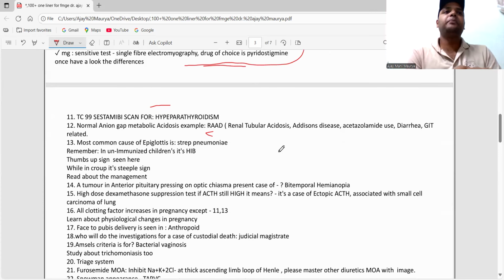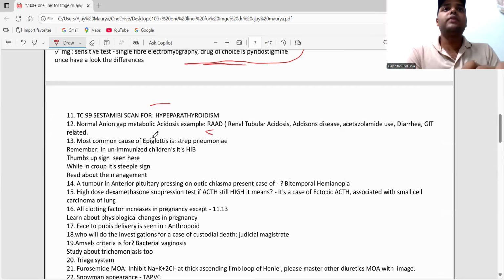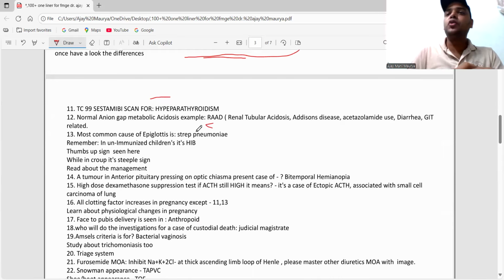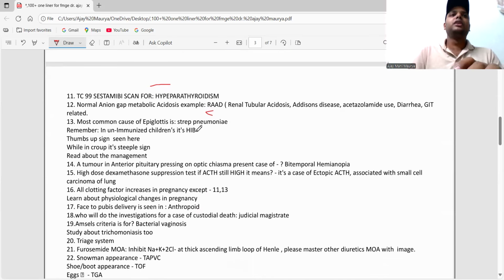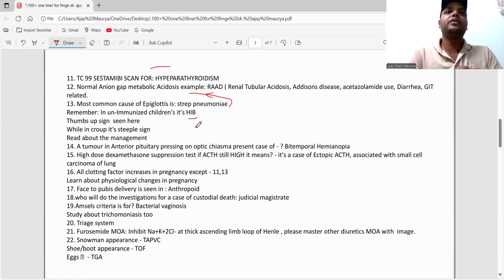Okay. Next one is the most common cause of epiglottitis, which is Streptococcus pneumoniae. You have to read the question very clearly to see whether the patient is already immunized or not. If the child is unimmunized, then you have to go for Haemophilus influenzae type B. Or else you have to go with Streptococcus pneumoniae.